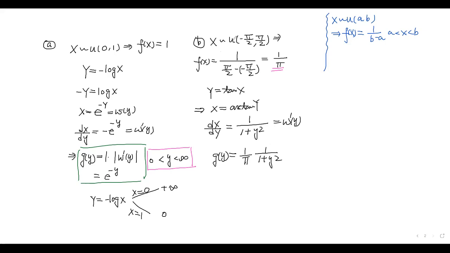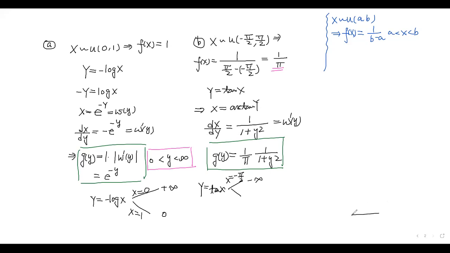Okay, so this is the PDF for Y here. Remember, we always need to find the new interval, the new domain for Y. Now I know Y is equal to tangent X. So when X is equal to negative pi over 2, my Y is going to be negative infinity, right?